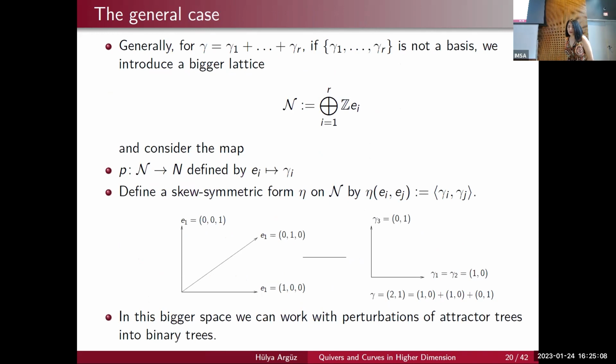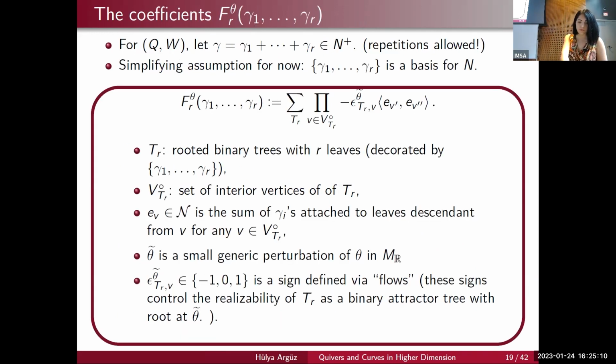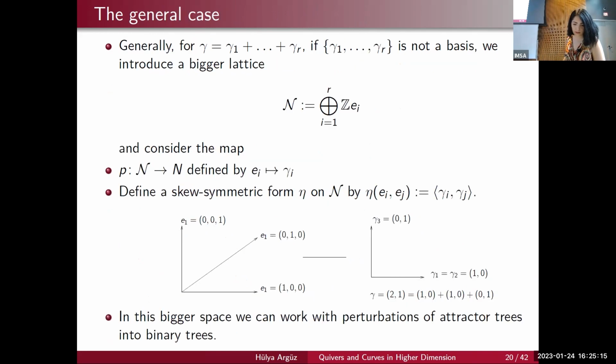So in the general case, here I had the simplifying assumption while telling the formula for F_R theta. In the general situation, these gamma 1 to gamma r do not need to be a basis.